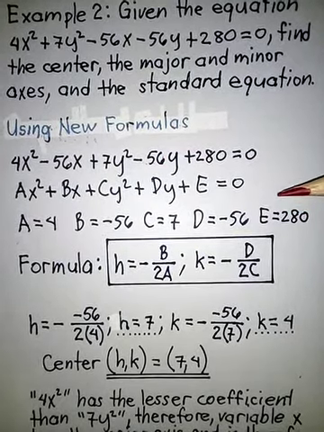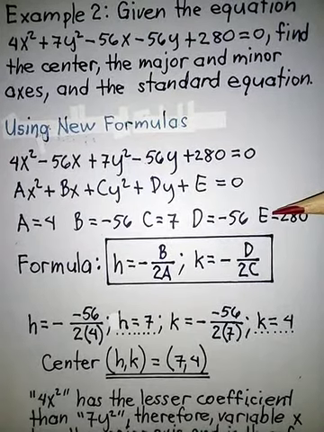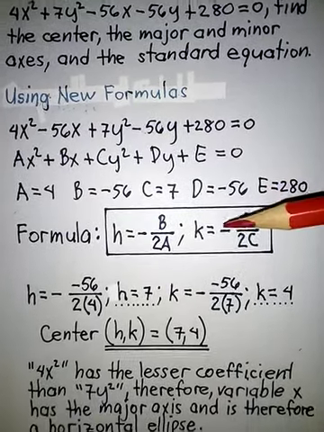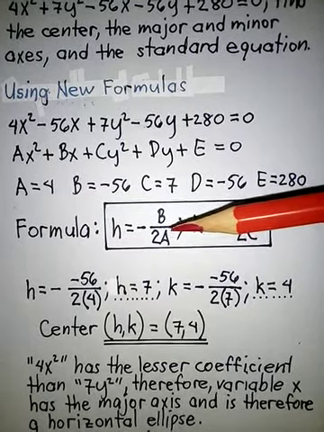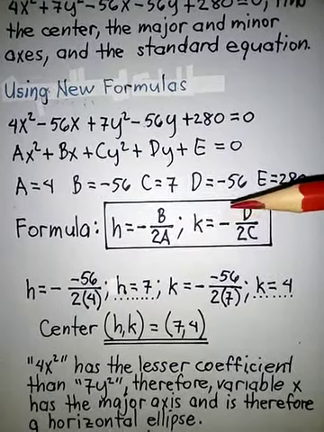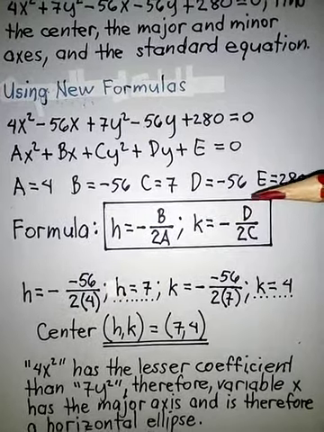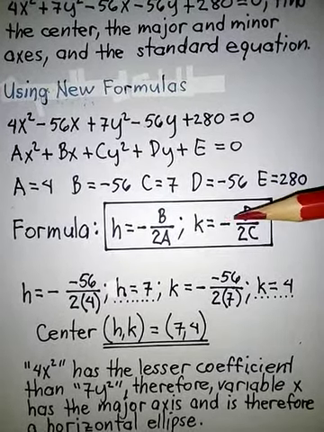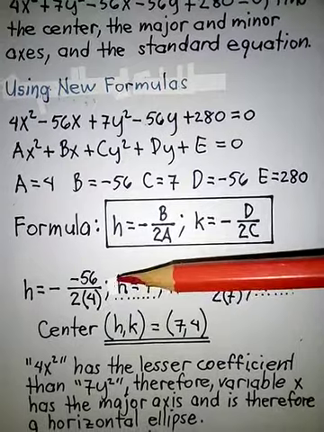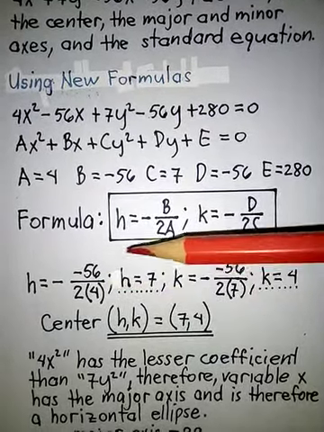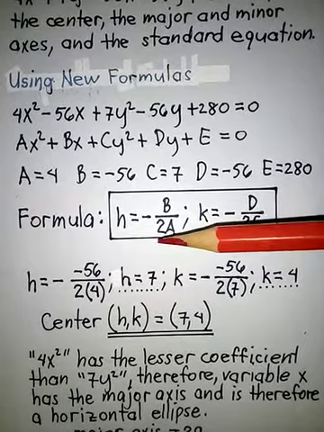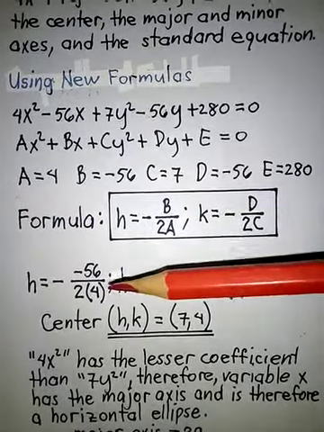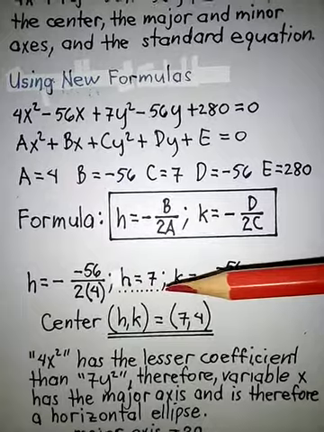Now, using the new formula for the ellipse, we have h is equal to negative b over 2a, and k is equal to negative d over 2c. So h is equal to negative, our b is negative 56, all over 2 multiplied by a, which is 4, and h is equal to 7.